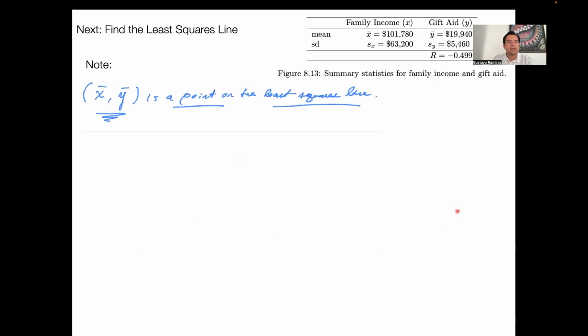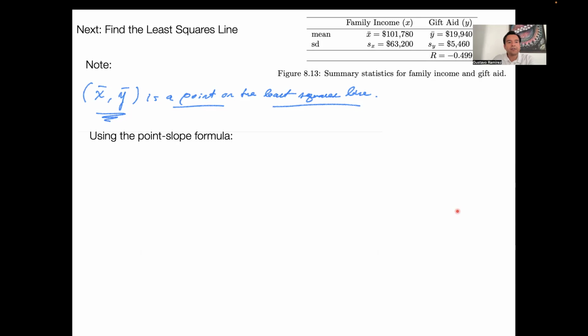Next, we're going to use something called the point slope formula to finish our model. The point slope formula uses a point that's already on the least squares line, and then writes the equation of a line based on that, using the slope that you got for the least squares line.